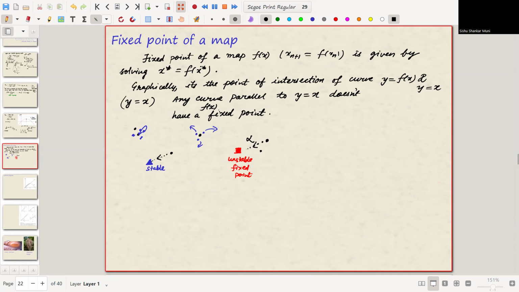What will be the scenario? Suppose this is the initial point away from the fixed point. These are the further iterates. It will move like this. You can see the difference: it will come like this towards a stable fixed point, but here it is repelling away from the fixed point.